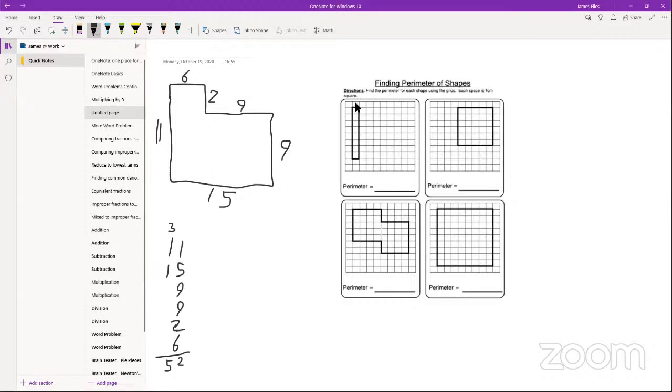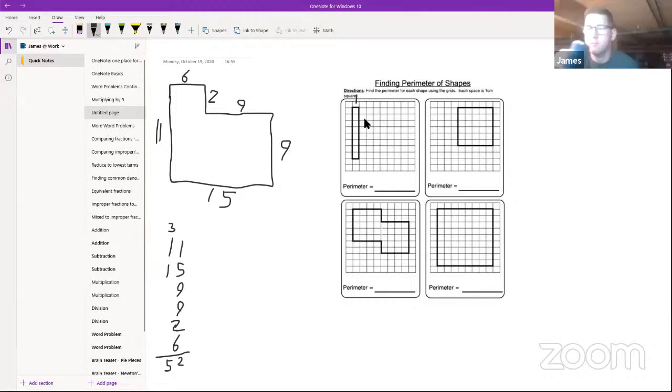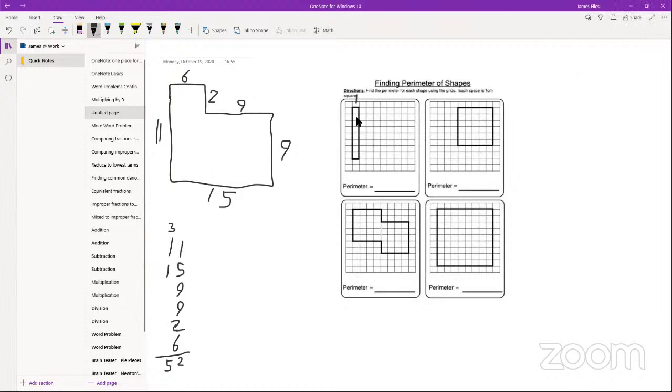So there's only 1 square on top. We look on the side. We see we have 1, 2, 3, 4, 5, 6, 7, 8. We have 8 on the side. And because we already answered those, we already have 1. We already have 8.